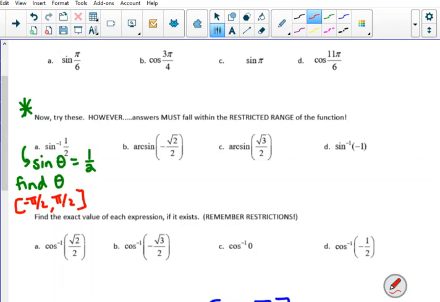Now, if we know a little bit of the all students take calculus trick, since this is positive 1/2 and my only options are quadrants 1 and 4 for inverse sine, I have to go quadrant 1. Sine is a half in quadrant 1 at pi over 6.